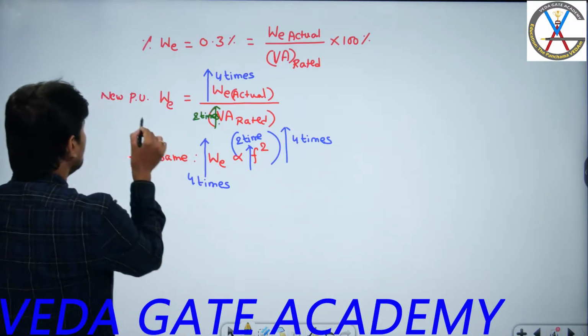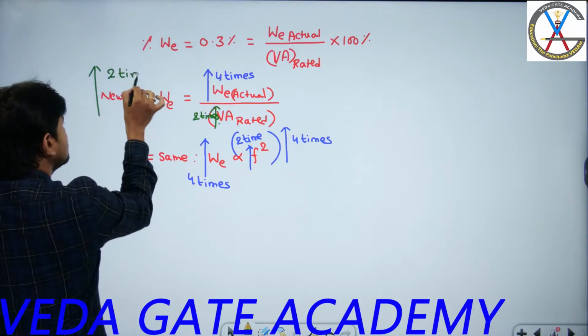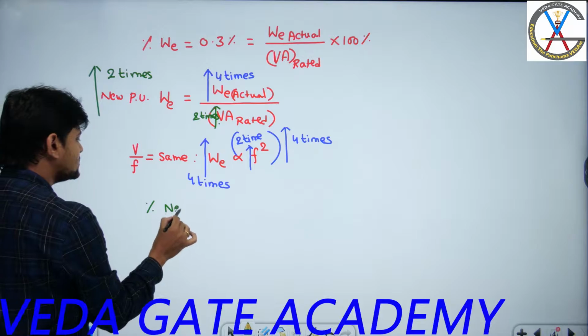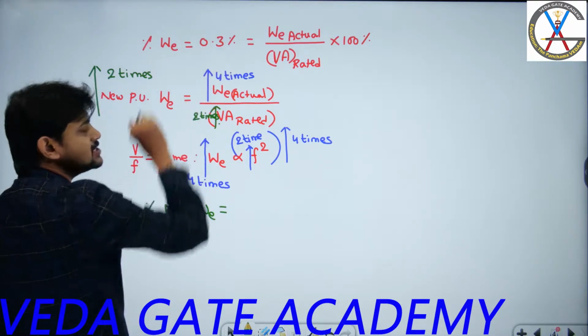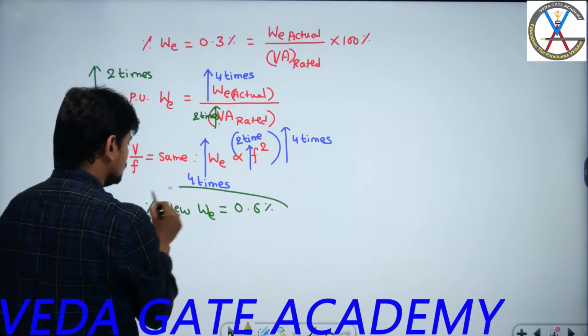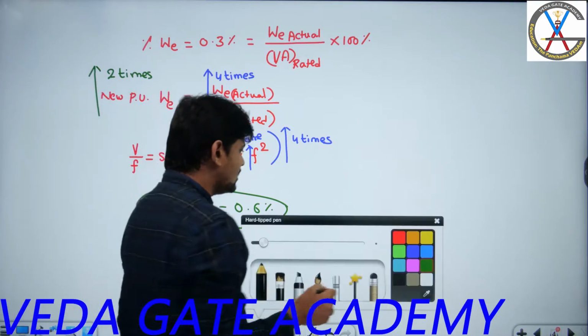So overall, the new per unit eddy current losses will increase by 2 times. So what is the new percentage eddy current losses we are going to get? The old value is increased by 2 times, so you are going to get 0.6 percentage. So this is my new eddy current losses, whereas hysteresis losses will not change.